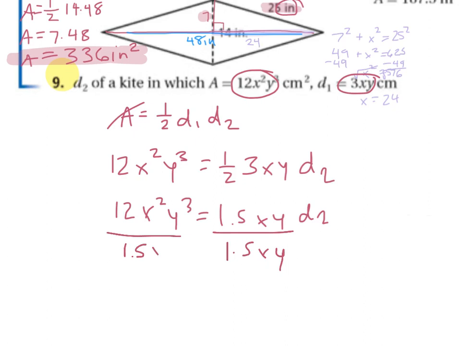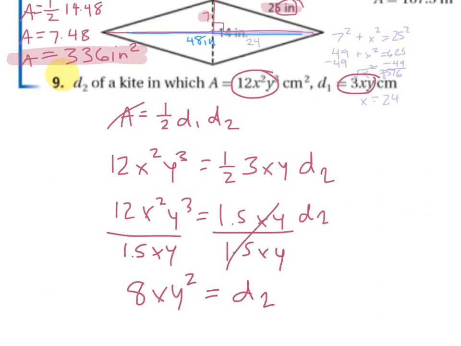And we are left with, when dividing 12 by 1.5, we have 8. When we simplify, if we have 2 x's on top and 1 on the bottom, we're left with 1 x on top. And if we have 3 y's on top and 1 on the bottom, we're left with 2 y's on top. So 8xy squared is equal to diagonal 2.